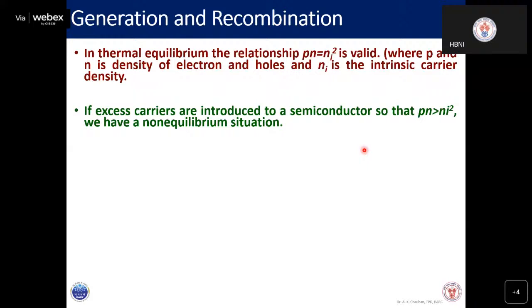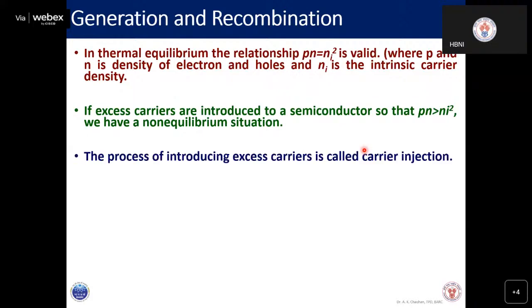So if excess carriers are introduced to a semiconductor, so that temporarily p multiplied by n becomes more than ni squared, we have this equation. This is called the non-equilibrium situation.